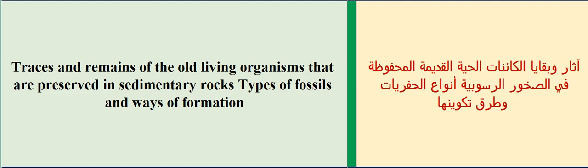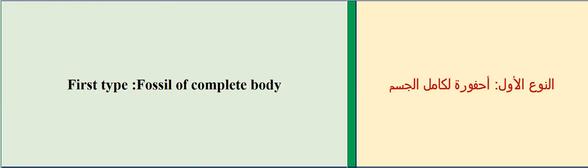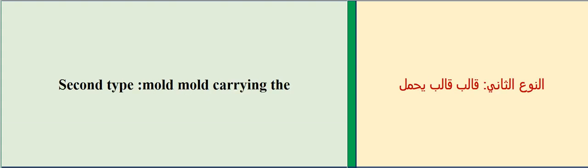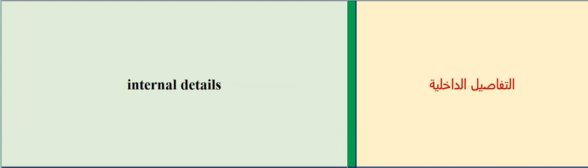Types of fossils and ways of formation. First type, fossil of complete body. Examples of a complete body fossil. Second type, mold carrying the internal details.